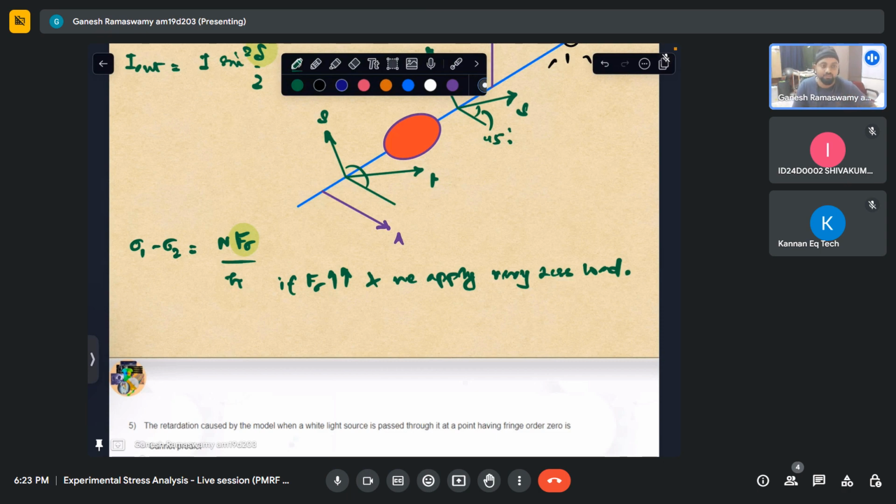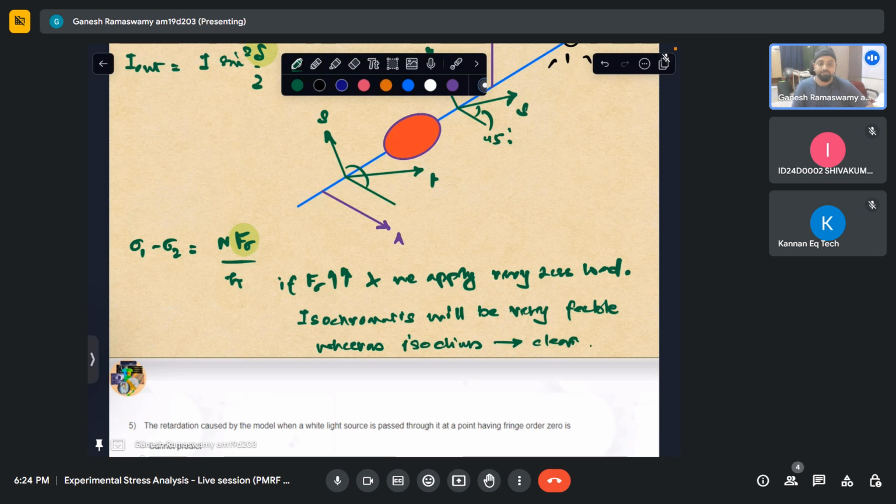We will not be able to see much of isochromatics. Isochromatics will be very feeble, whereas isoclinics will be clear and rather prominent.